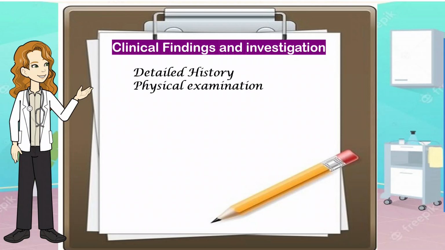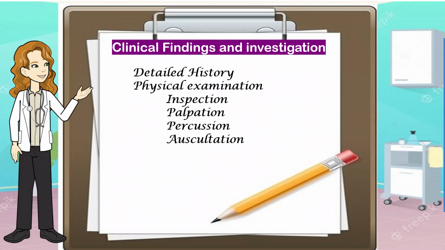Make sure to check the detailed history of the patient, the past medical history, or the present illness. The physical examination, you have done this before during your health assessment, wherein the techniques included are inspection, palpation, percussion, and auscultation. It is very important for you to note your findings before proceeding with the procedure.